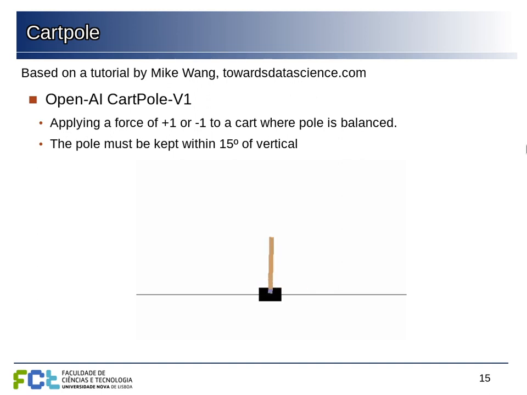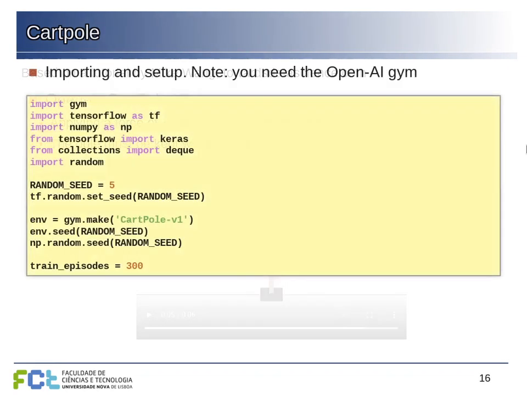As we apply a force, the cart will accelerate in that direction, or if it's moving in the other direction, it will start slowing down. And the goal is to keep the pole within 15 degrees of vertical so that it doesn't fall down. If the pole gets too far, too big an inclination, then we lose the game and the game stops. And basically we get rewards for the longer we play the game.